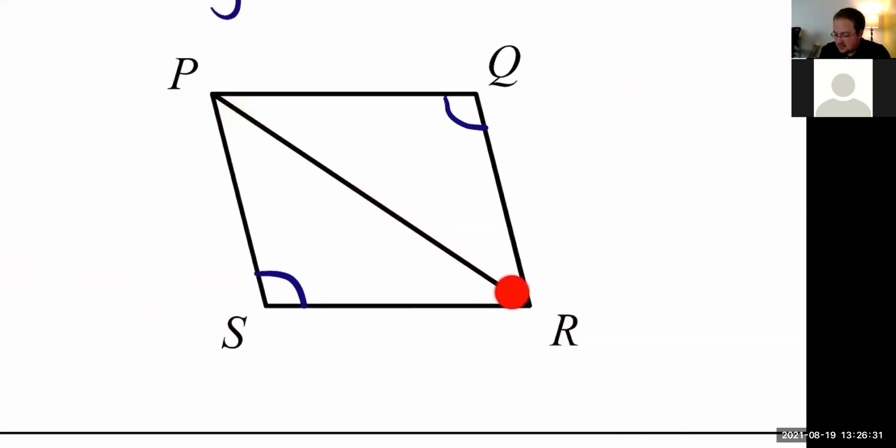PR, which is this segment right here, bisects angle QRS. So that has me focusing right here. And what does bisect mean again? Cut it in half. So these two little angles down here must be the other two congruent angles.